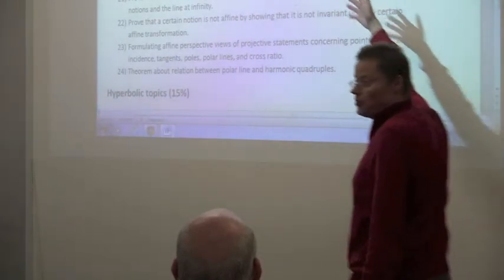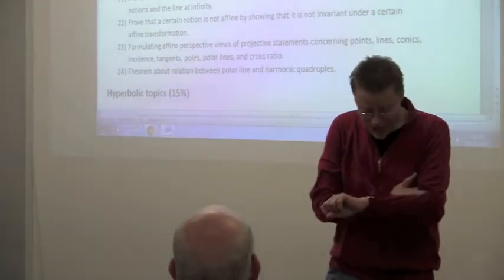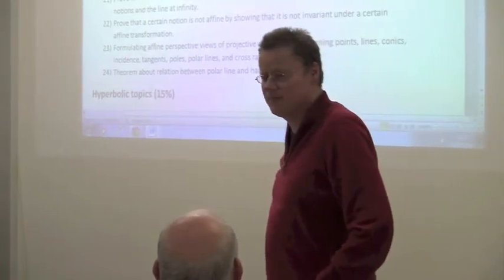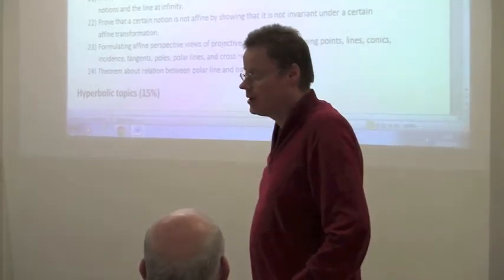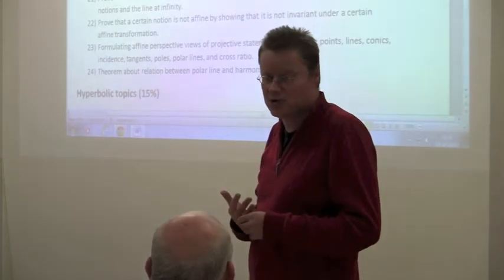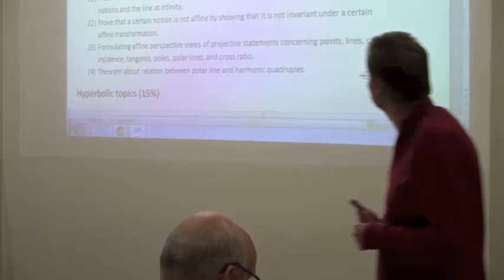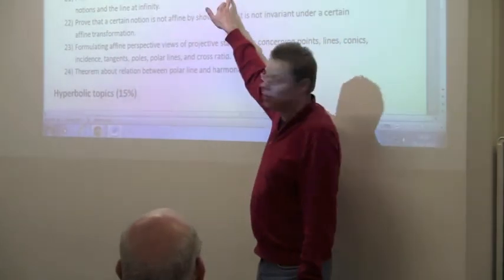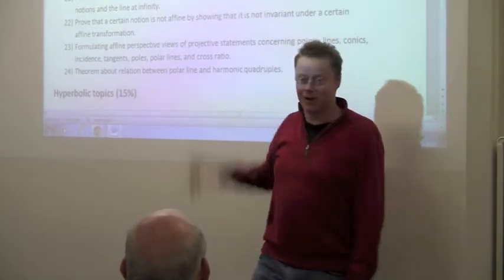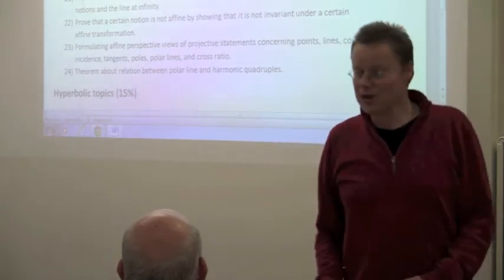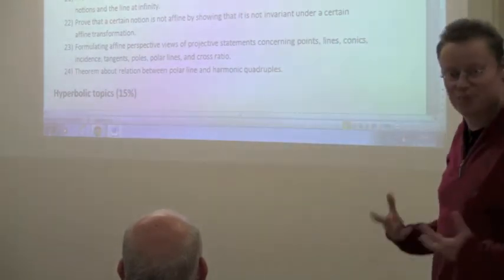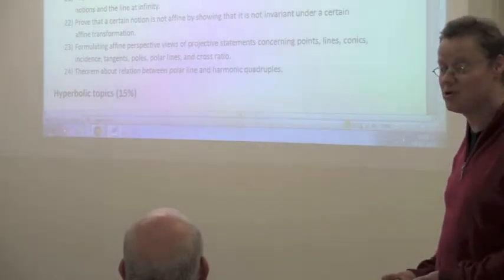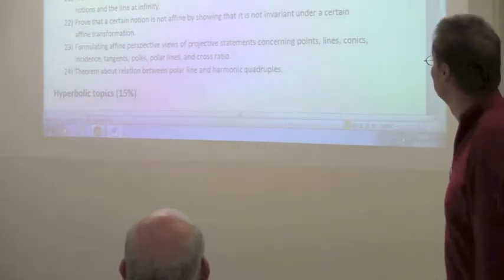Okay, we've talked about projective notions and affine notions. There are two ways of approaching an affine notion. This is the most constructive one: you actually define it in terms of the primitive affine structure, which is projective notions and the line at infinity.